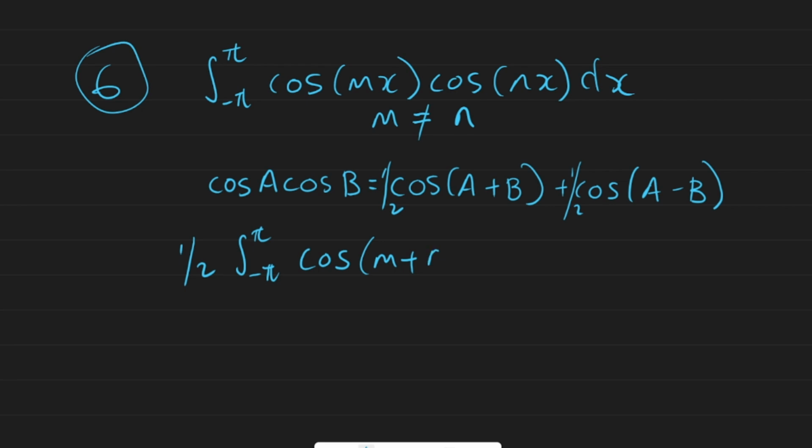So it's cos of m plus n, x. So remember, this x is multiplied by what is inside this bracket. It's not being multiplied by cos. And then also in the same way, we have cos of m minus n, x. All this integrated with respect to dx.